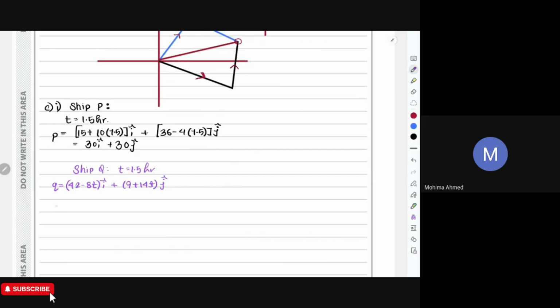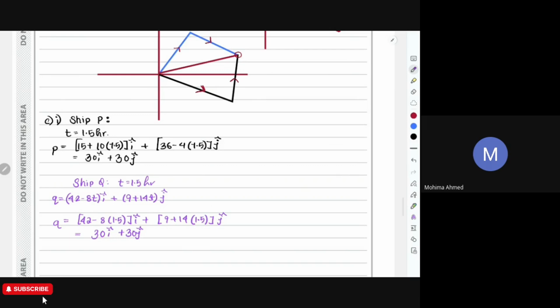Now include the data. We have 42 minus 8 times 1.5, that is again 30, and 9 plus 14 times 1.5, which is again 30, right?